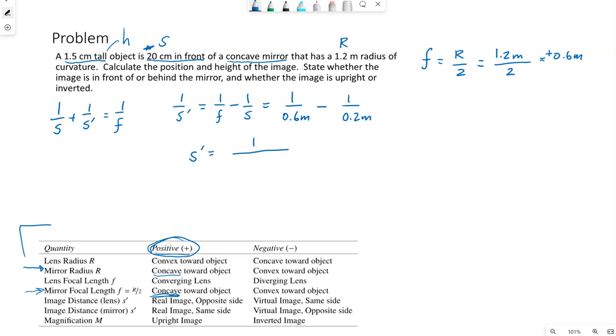I'm not going to take the time to find a common denominator. I'm just going to plug it into my calculator this way. Recall this is 1 over S prime, so once we calculate this side, we have to take 1 over that. So I just put it all in my calculator at once. 1 over that stuff.